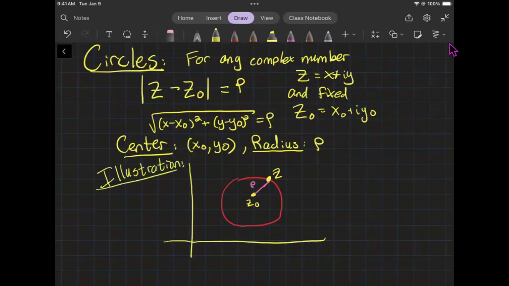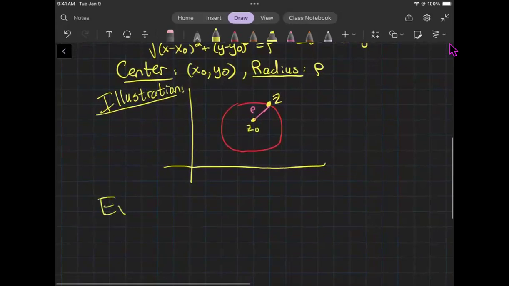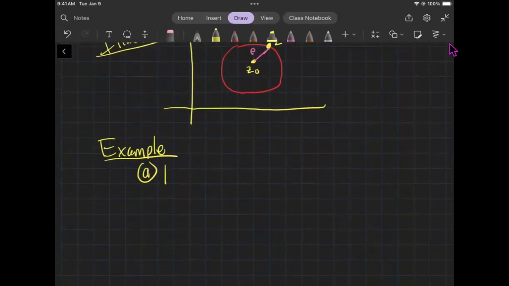So for example, how do you define this? Well, if you said unit circle, you're right.